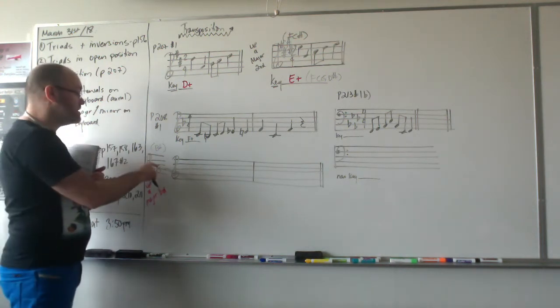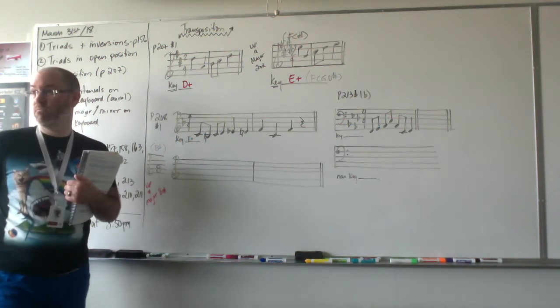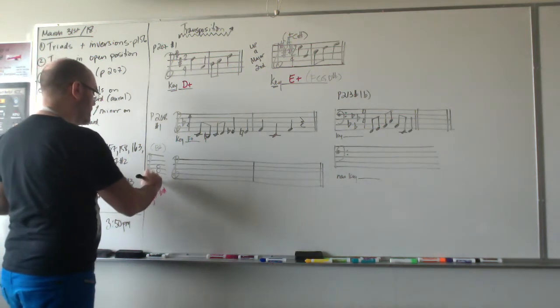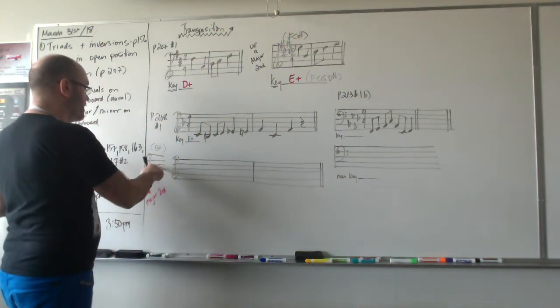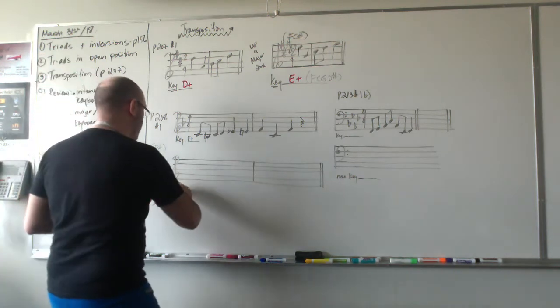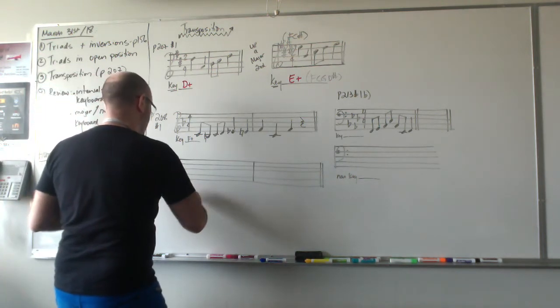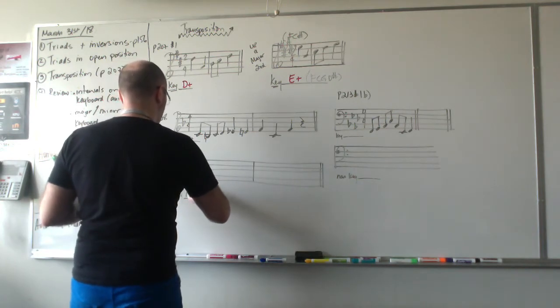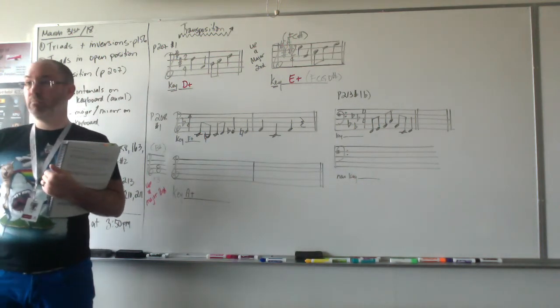No. Do we have to do anything to the A to make it major? No. So this is now a major third. So we're going into the key of A major.